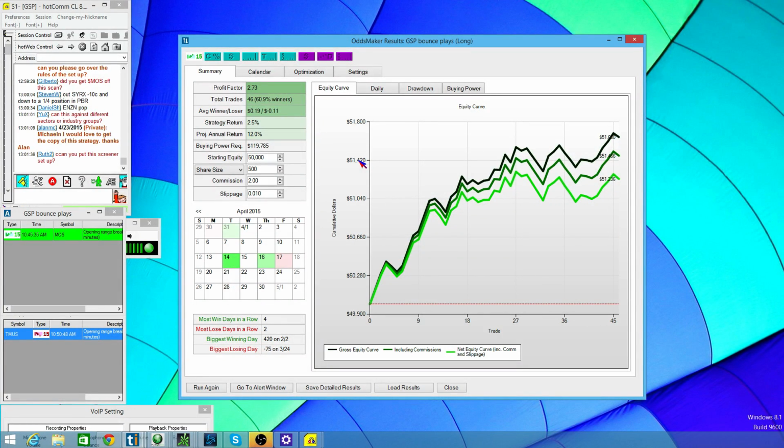And that might not make a lot of sense when you think about it, but if you're looking for a consistent equity curve and a consistent daily P&L, you're better off having multiple trades with high consistency than maybe one trade with a really high win rate.